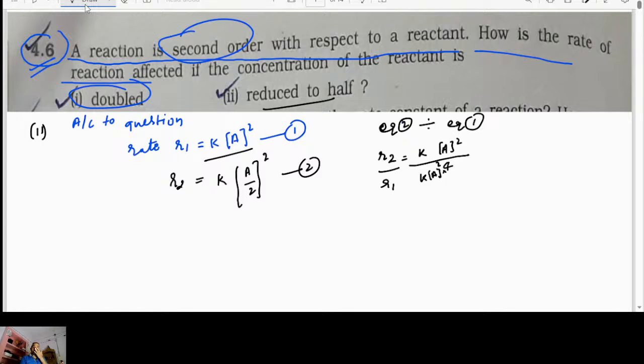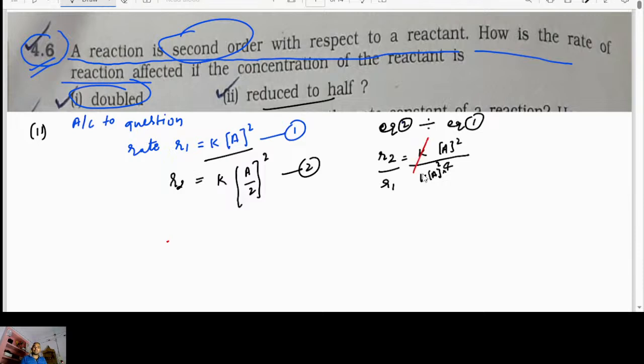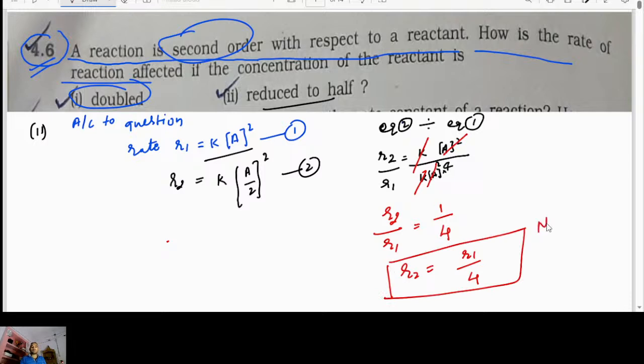What are the common factors that you have to see? K will cancel out, A square and A square cancel out. So, R2 by R1 is coming 1 by 4. So, R2 is equal to R1 by 4.